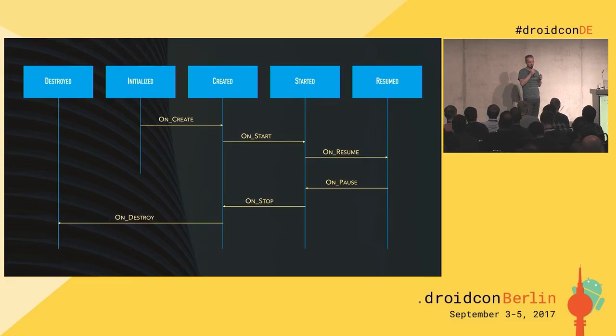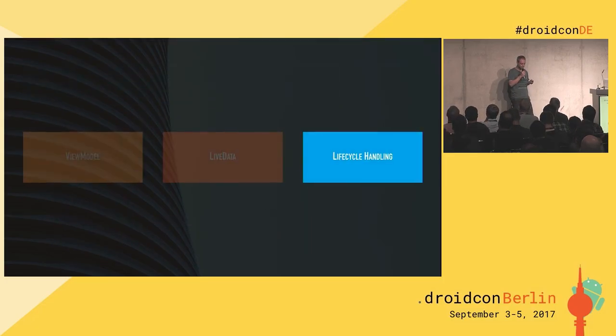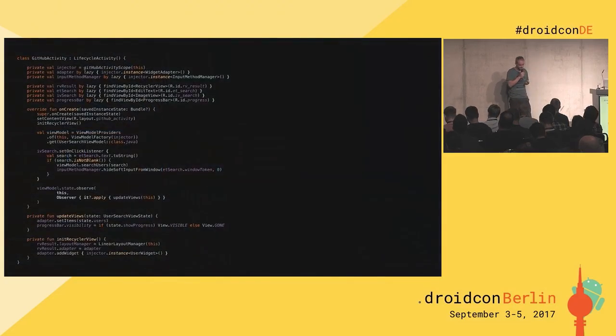And this is what the lifecycle handling in the architecture components is for as well. So it enables you to make your components other than the activity lifecycle aware, which you can use to reach a better separation of concerns.